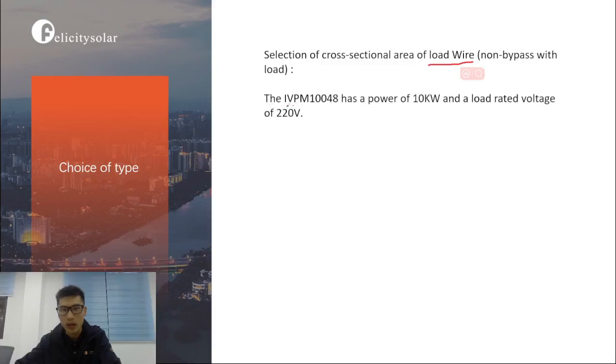So the IVPN 148 has a power of 10,000 watts and a load rated voltage of 220 voltage. And by this information, I need you to do the calculation to find out the current. So I'll give it another 1 minute.